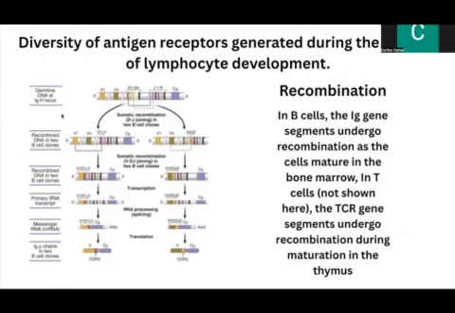For example, the genes that encode antigen receptors are broken into V, D, and J gene segments instead of being intact in the germline, meaning that during lymphocyte development, these segments can be randomly spliced. For T cells, they can undergo negative selection after this process and eliminate any self-reactive T cells.